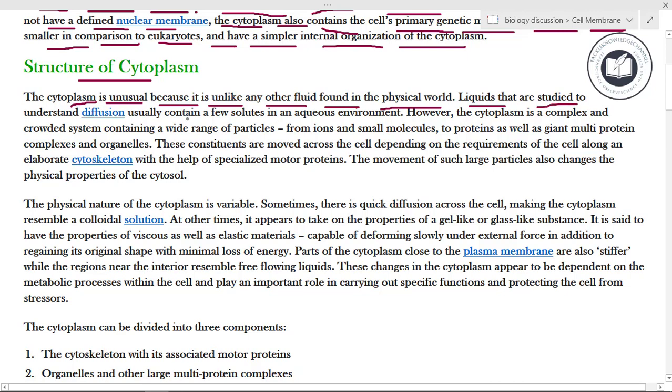Liquids that are studied to understand diffusion usually contain a few solutes in an aqueous environment.